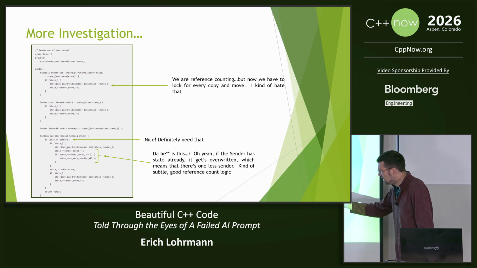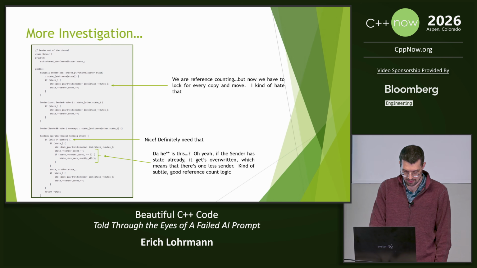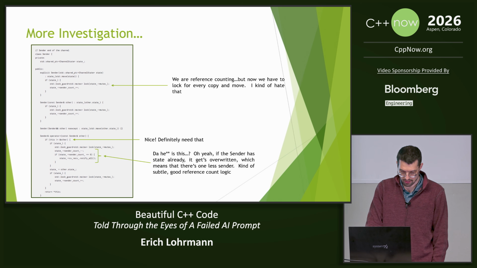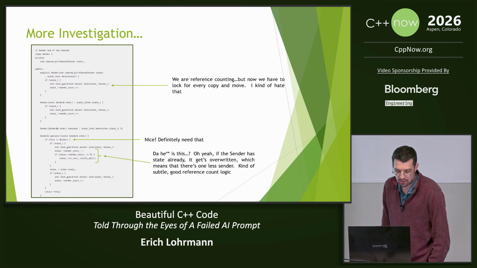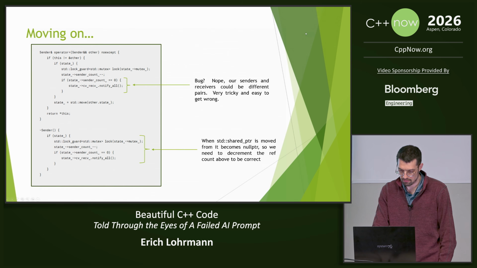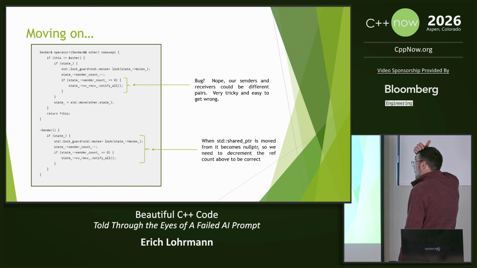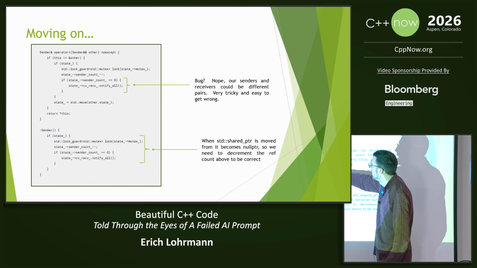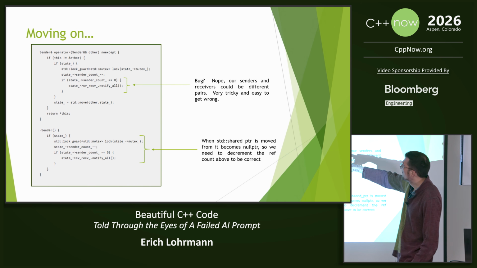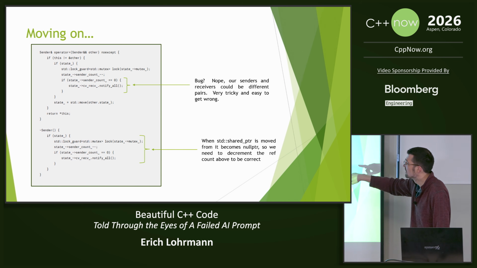So this is a subtle issue that the AI caught and that I did not. Okay, so moving on. Again, the reference counting is really tricky to get right. That situation that I mentioned happens more than once.